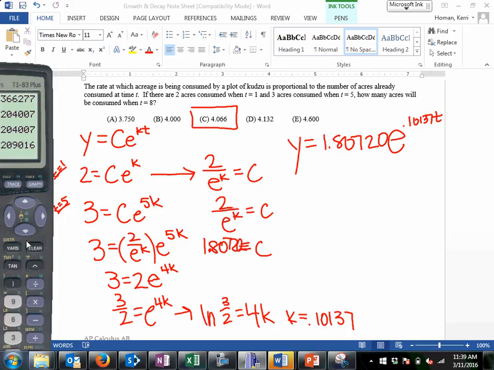In the problem, the rate at which the acreage is being consumed is proportional to the number of acres already consumed. Like when we talked in that very first introduction, the rate is proportional to the amount left, right? And so dy/dt equals ky on that very first page. So since that rate is proportional to the acres being consumed, that's our y. That's telling us that's our y, because that's what it's proportional to. Does that make sense?